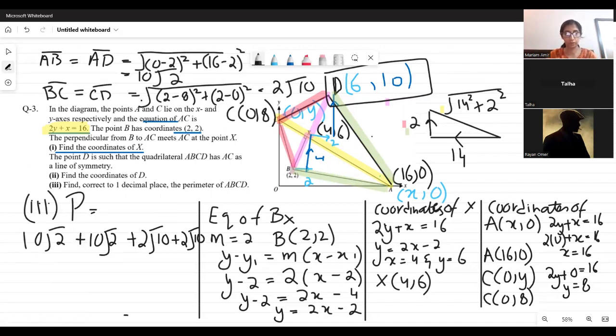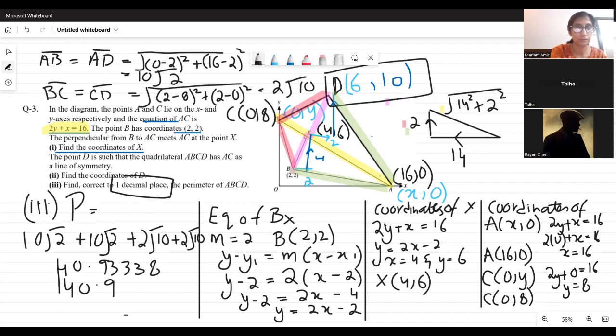I'm getting 40.93. It's supposed to give your answer in one decimal place, which should be 40.9. Keep the answer as long as possible before you finally round it off to the given requirement. 40.9 is the answer.